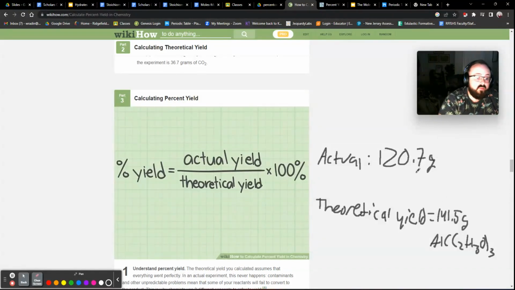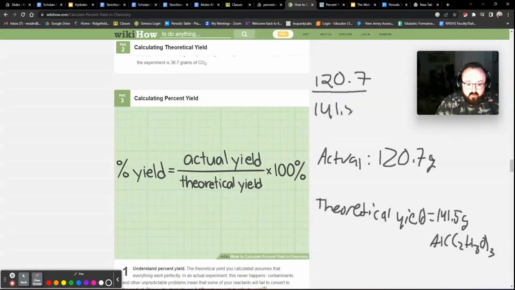The formula is pretty simple. We'll take the actual yield. This is what you experimentally measured in the lab, what your data told you, you calculated. All right, 120.7 divided by 141.5.